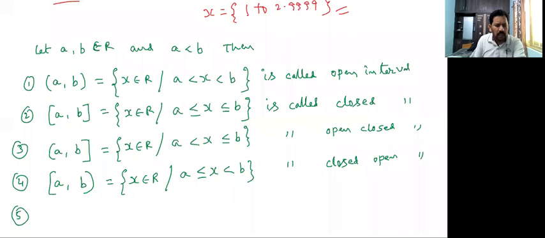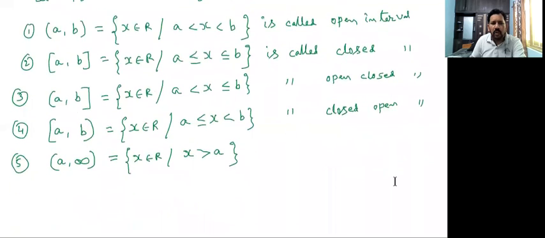Now another one: open a comma infinity. In place of infinity, always write an open bracket only, because it is not an exact number, it is a large number. A comma infinity means x is greater than a, more than a.